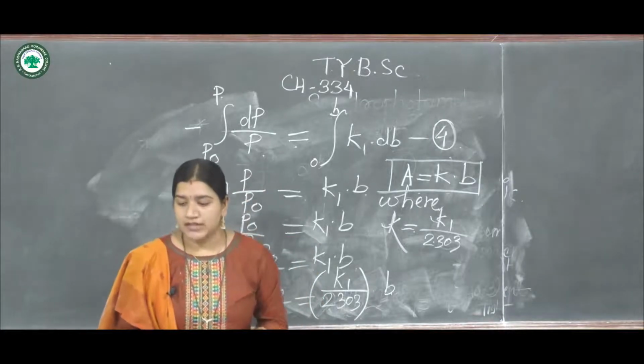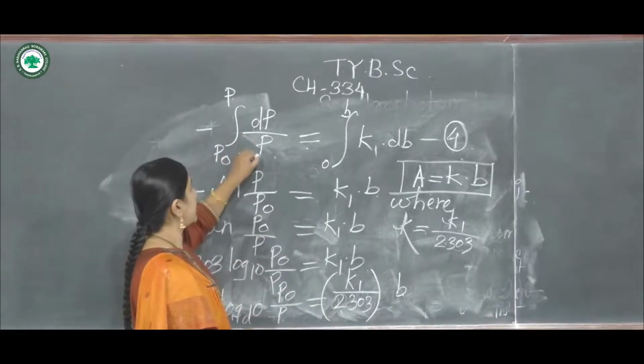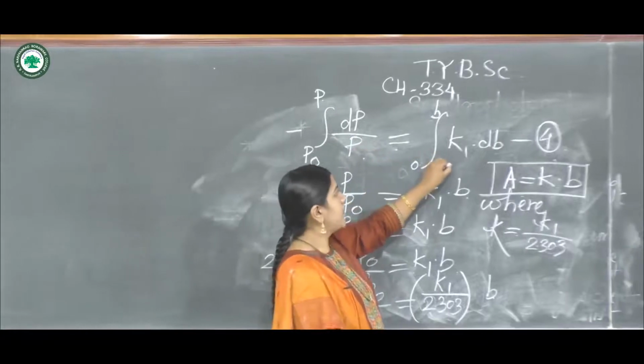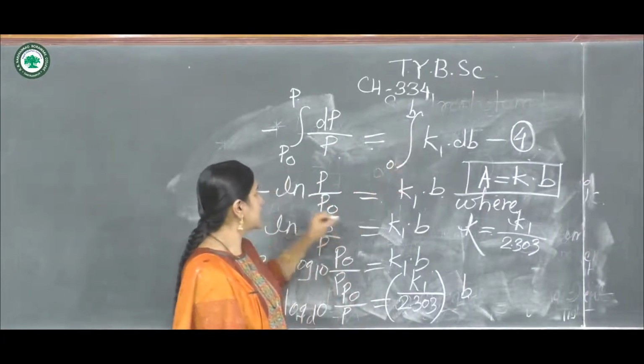Okay, so in Lambert's law, we have integrated dp upon p in the limits of p0 to p. Again we have integrated k1 db from 0 to b. K is the constant.